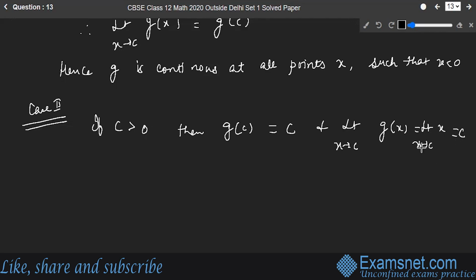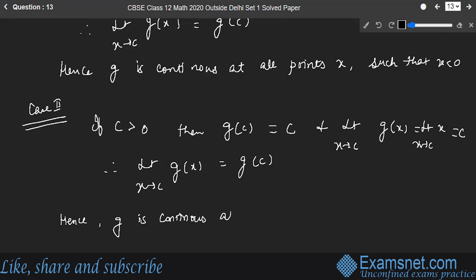And this is equal to C. Therefore, the limit as x approaches C of g(x) is equal to g(C). Hence, g is continuous at all points x such that x is positive, right?